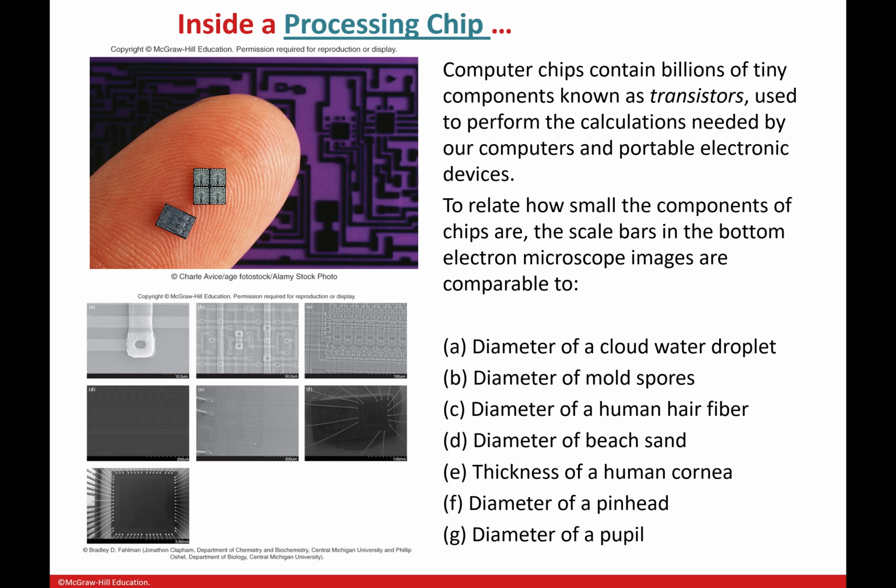So the thickness of a human cornea, that is very thin. Diameter of a pinhead, the head of a pin, very small. But then the diameter of a pupil, isn't that big? And they change depending on the light coming in. That's pretty big. Do you know what I'm saying?